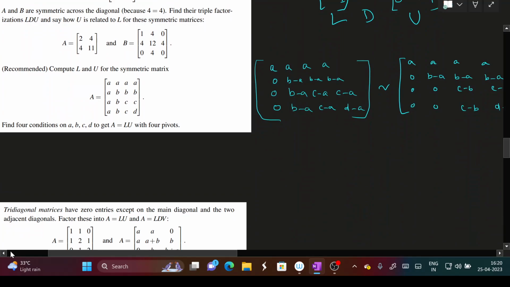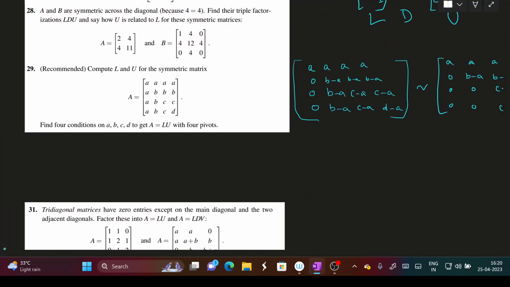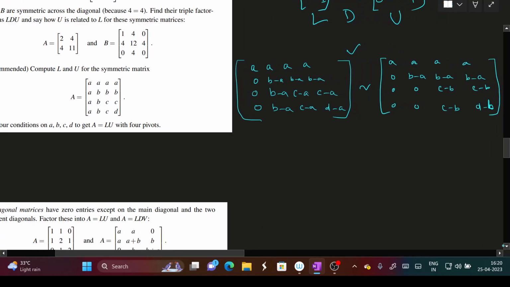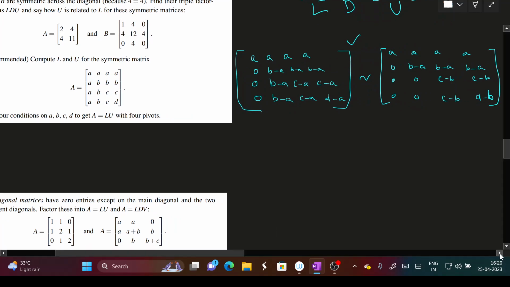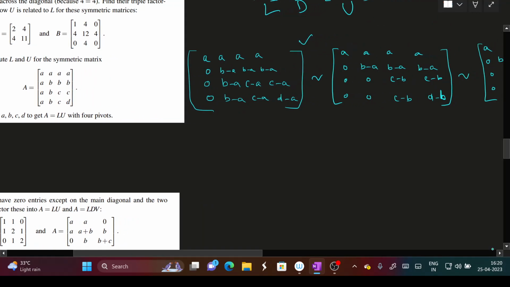Now this is question number 29. Here this is my A, and I will do the operations: first R2 minus R1 stored in R2, R3 minus R1 stored in R3, R4 minus R1 stored in R4. It will give me this matrix. Then my first pivot's task is over. Then for the second pivot, R3 minus R2 stored in R3, R4 minus R2 stored in R4.